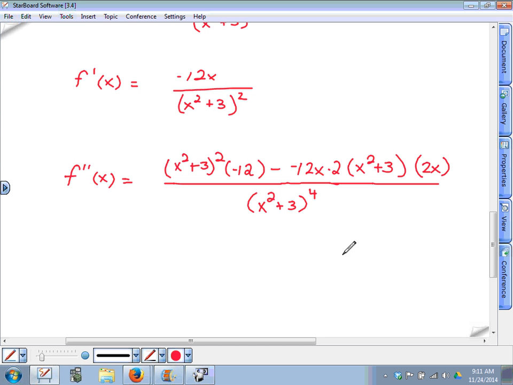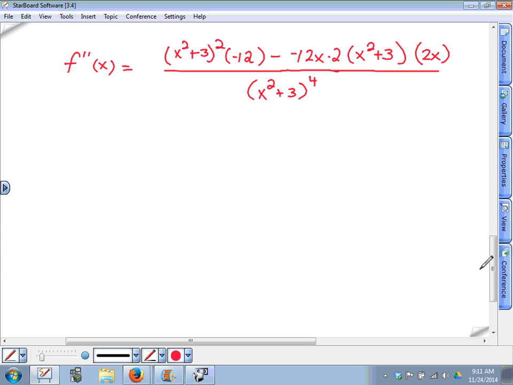Things get messy. Now what do you suggest? Simplify the numerator. Negative 12 times quantity x squared plus 3.